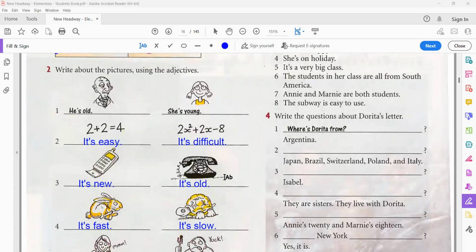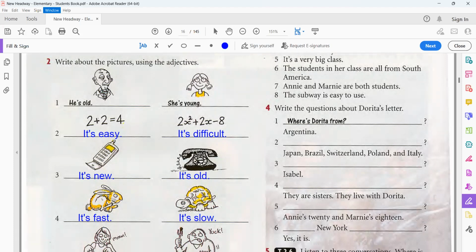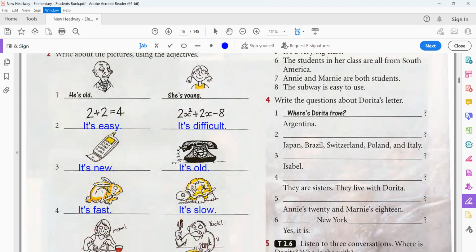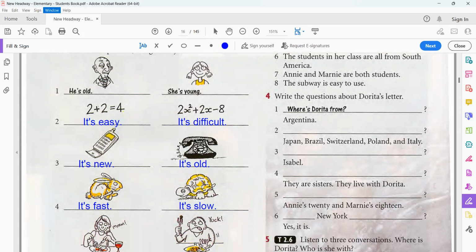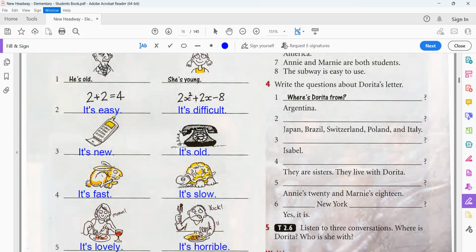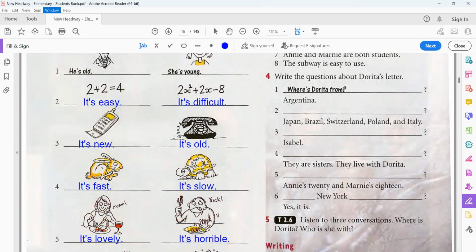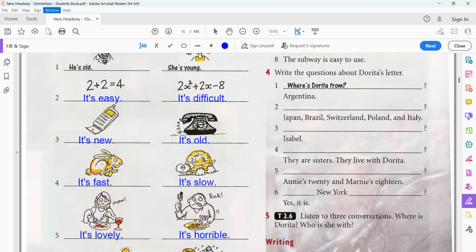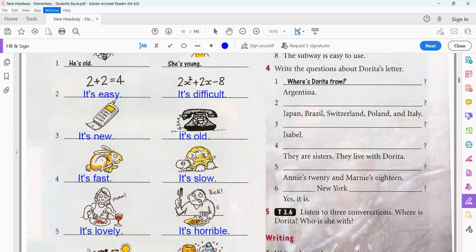Now you can listen and check your answers. Repeat after it. Tape script 2.4. 1. He's old. She's young. 2. It's easy. It's difficult. 3. It's new. It's old. 4.